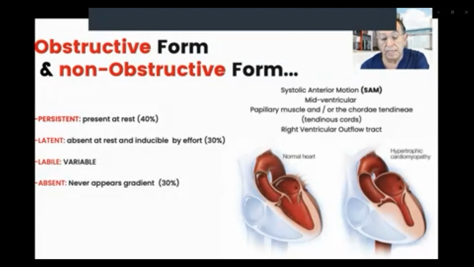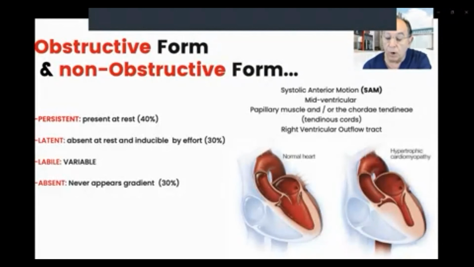But if you understand this, you can see 70% of the patients have obstruction in the outflow tract in the left ventricle in hypertrophic cardiomyopathy, and in 30% the obstruction is absent independently of the use of maneuvers or drugs. 30% of the patients never develop obstruction in the outflow tract of the left ventricle.